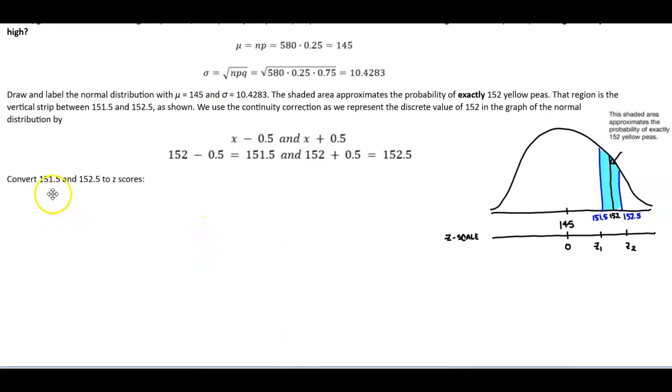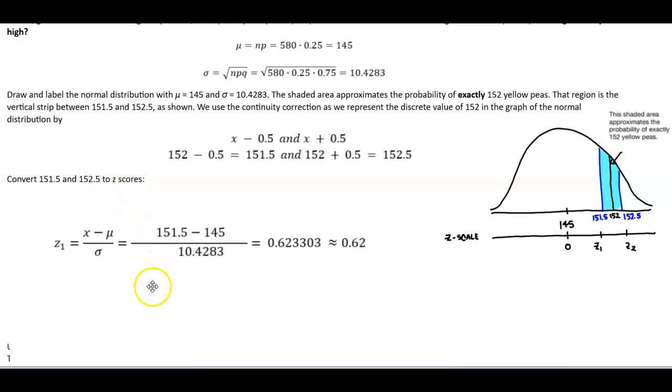The first one is 151.5. If we plug 151.5 into our z-score formula, we get 151.5 minus the mean, which is 145, divided by the standard deviation of 10.4283. That gives us 0.623303. Rounding to 2 decimal places gives us 0.62. So 151.5 now becomes 0.62.